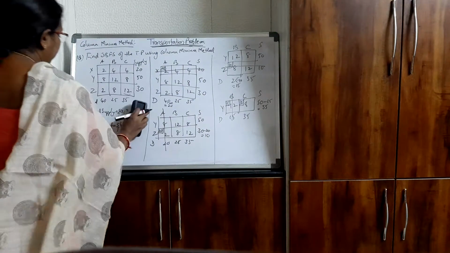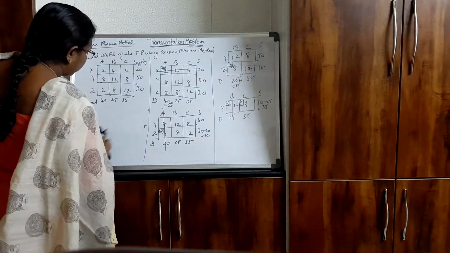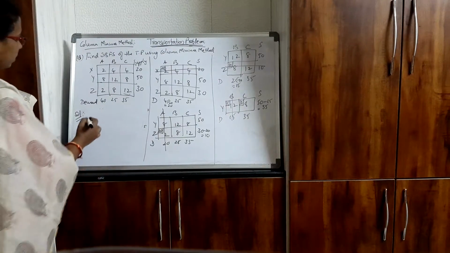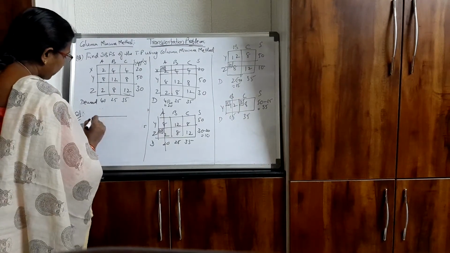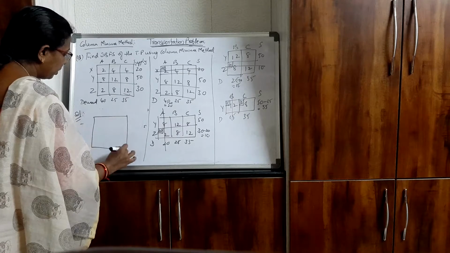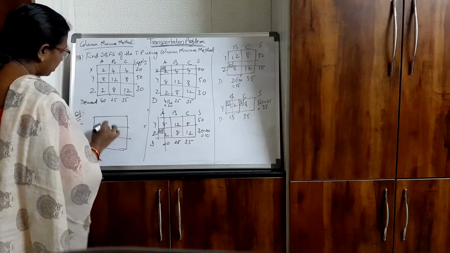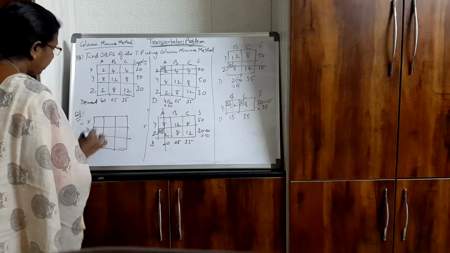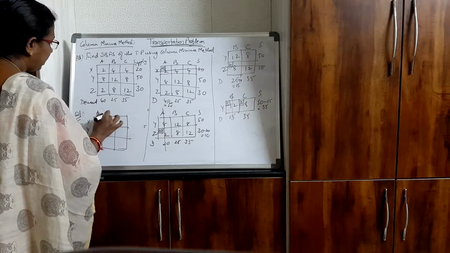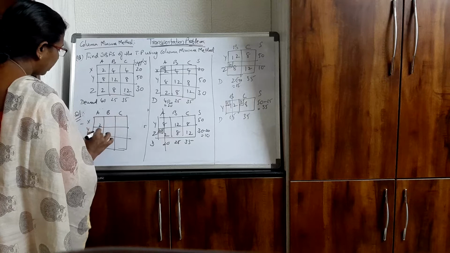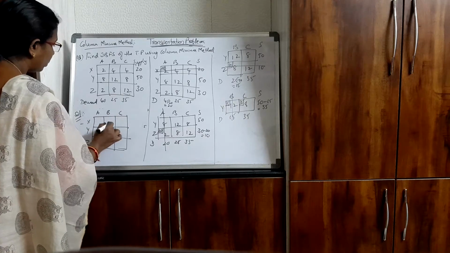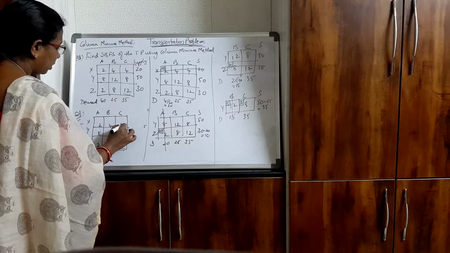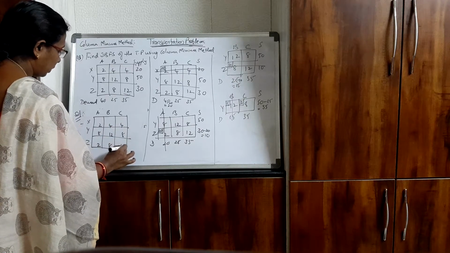Now draw the final table. What is the final table you have? I am drawing it here, without supply and demand. So this is X, Y and Z. This is A, B and C. I got 2, 8, 2, 4, 12, 8, 4, 8, 12.